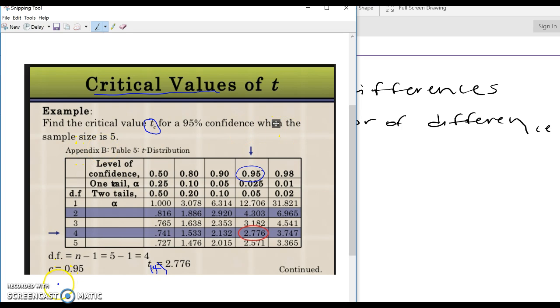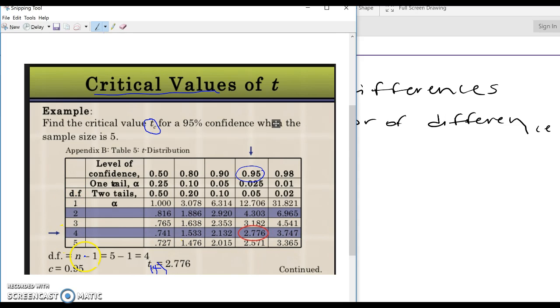In this case, the level of confidence is 0.95. We're going to use, well, in this case it doesn't matter, but know that there's a one tail or two tail, and we have degrees of freedom and then these values that are already calculated for you.